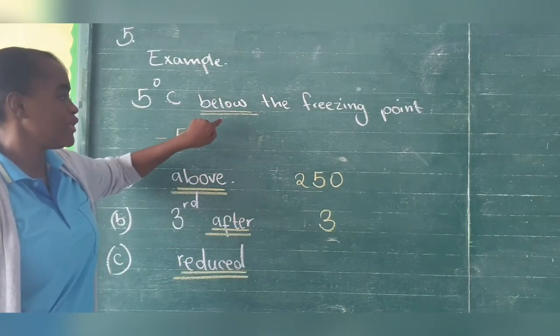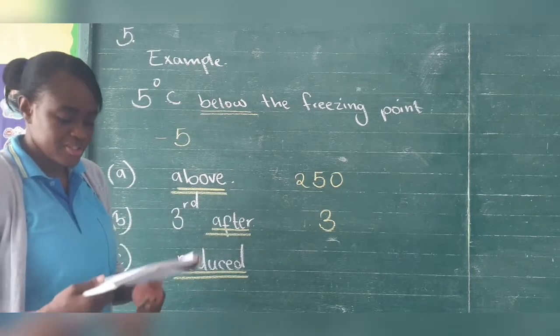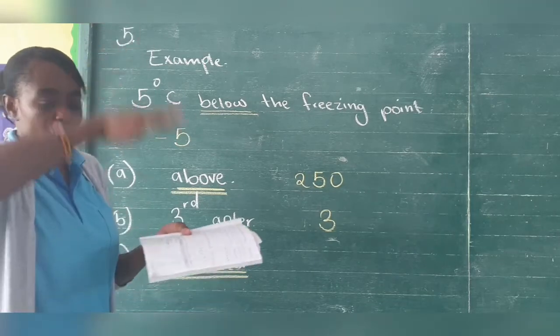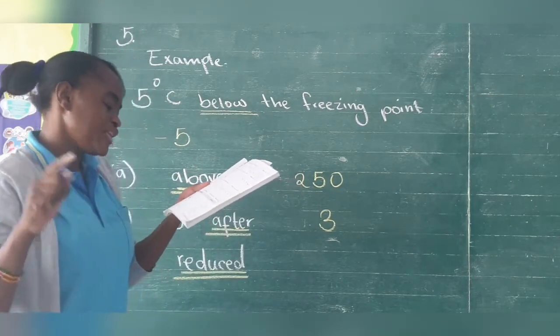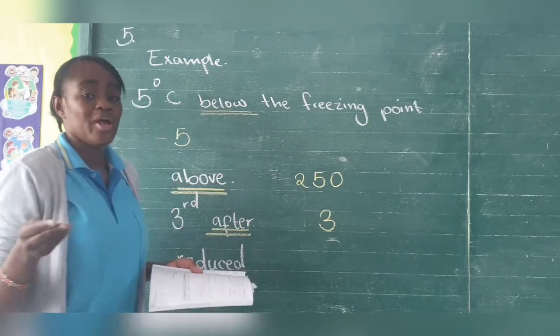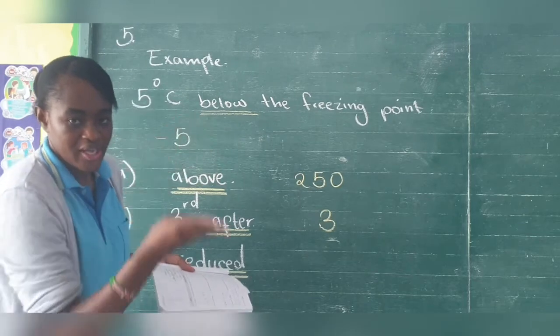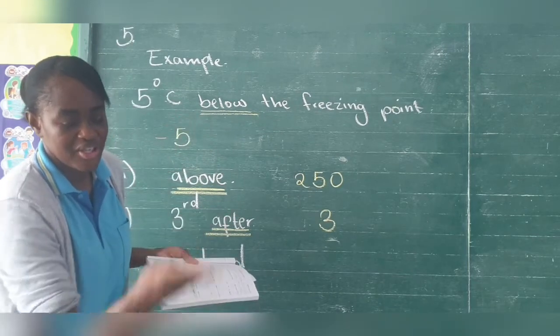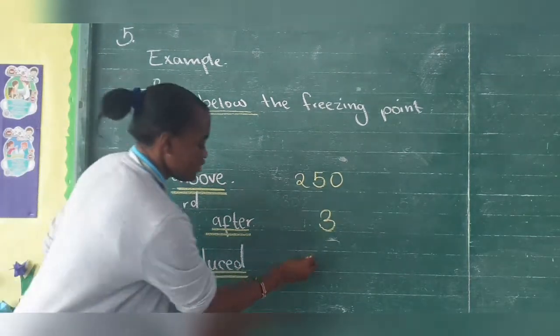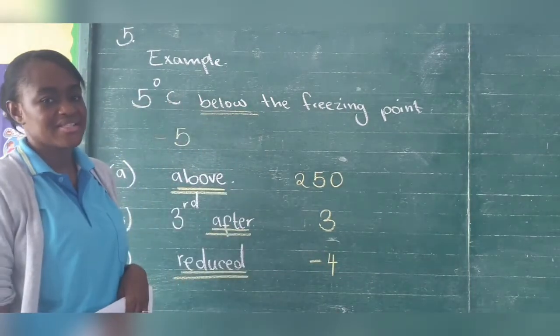For you to understand below, above, after, reduce. So reduce means it went down. Weight reduced by 4 kilograms. We are going to assume we are on 0. So the weight went down. -1, -2, -3, -4. That is the answer, okay?